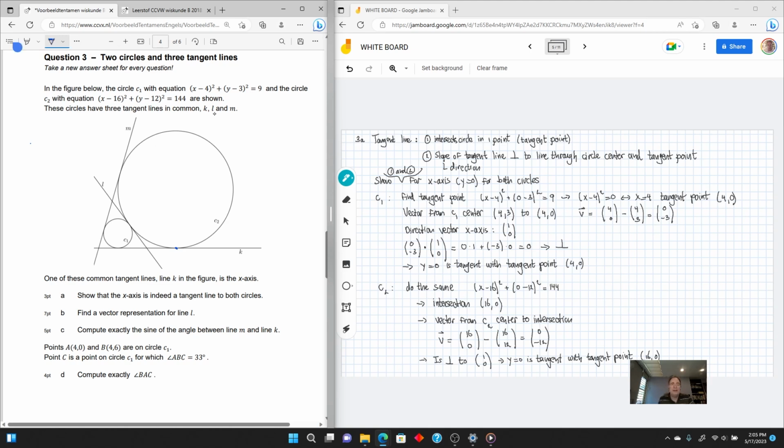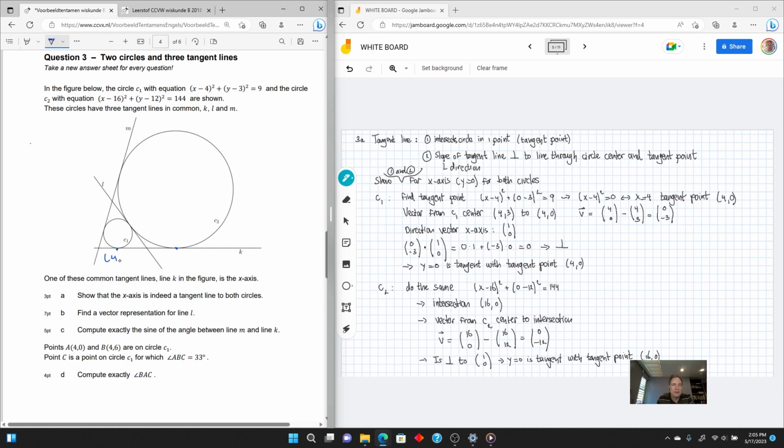So we have here our expressions, and for y here we just substitute 0, and you get x minus 4 squared is 0, and that's only one solution, 4, 0. So this point is 4, 0.